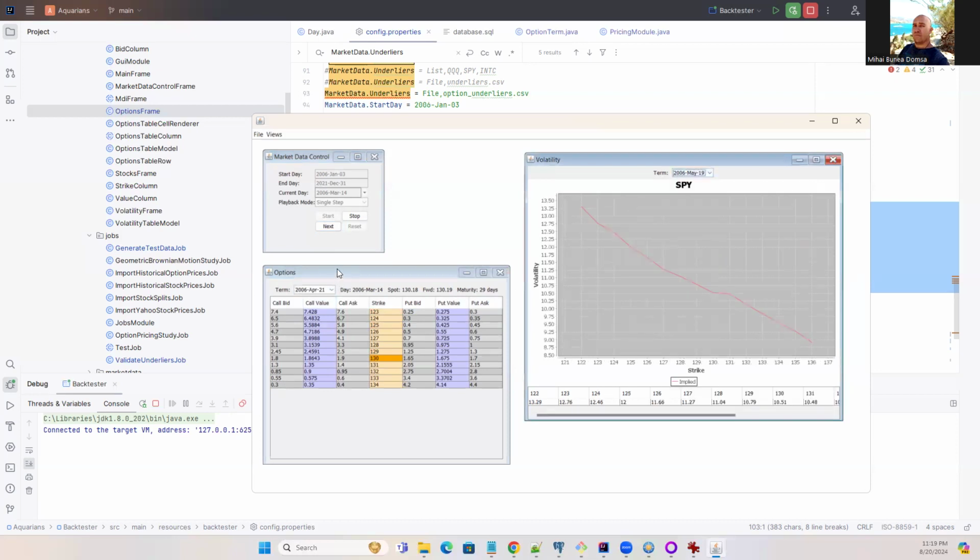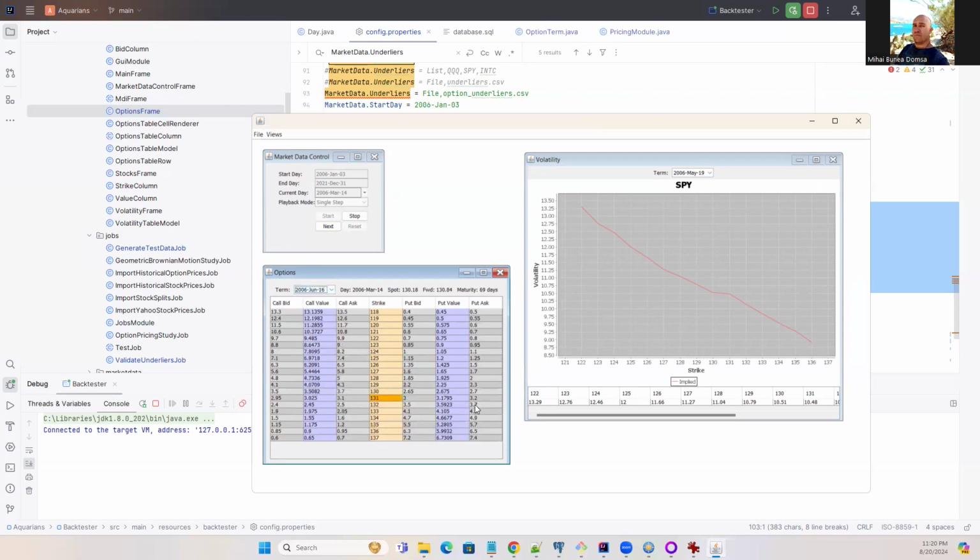The longer ones don't have this problem, but the data now is clean enough to be usable and to be trusted in backtests. So this is the point that I wanted to emphasize in this chapter.